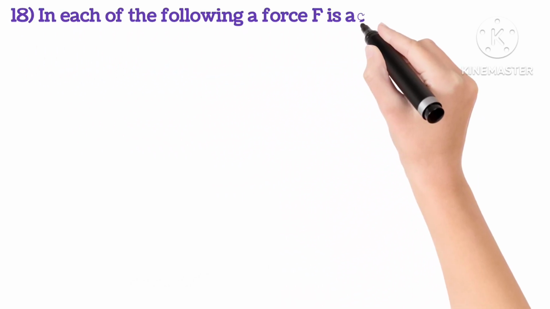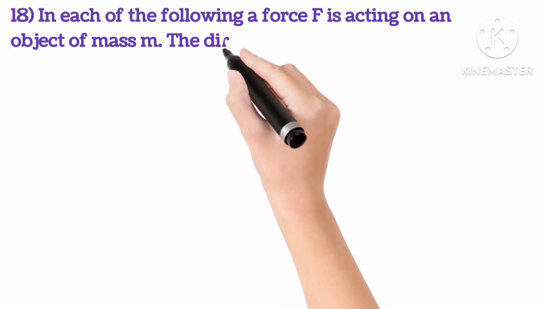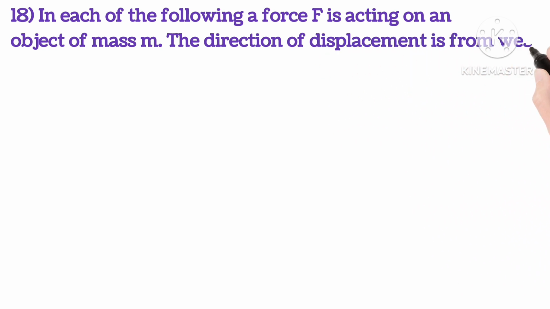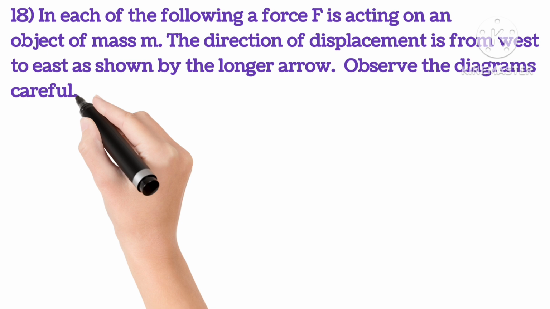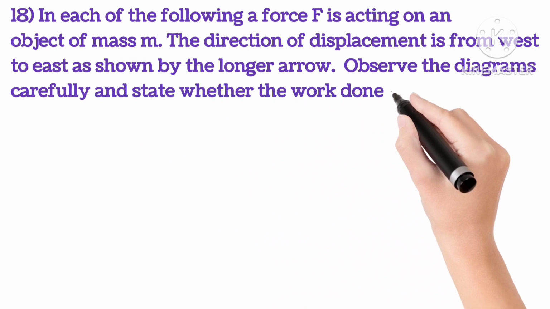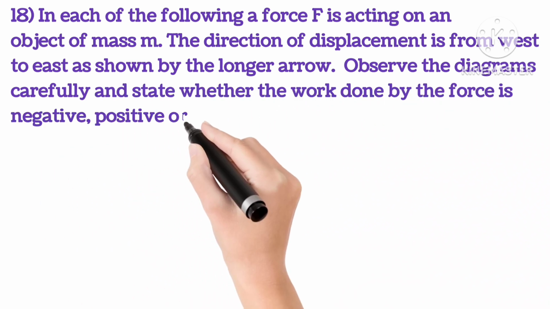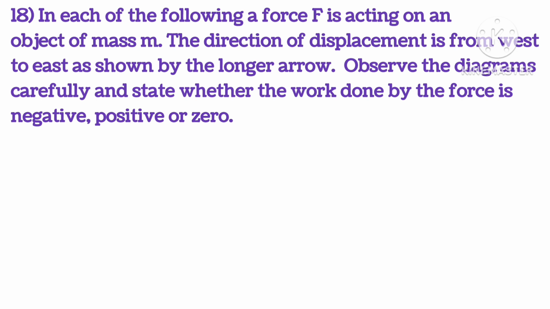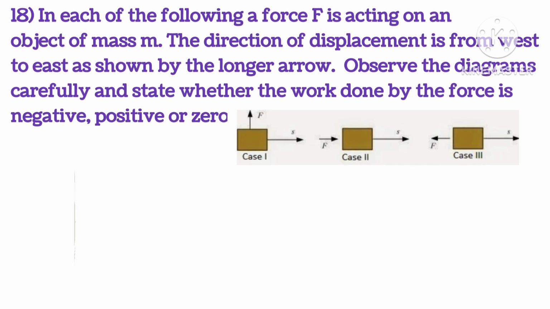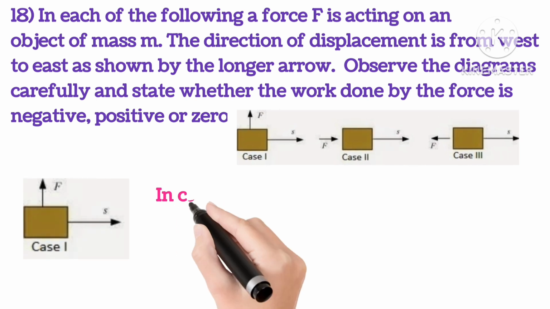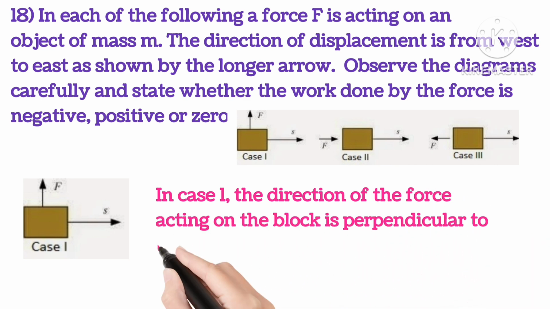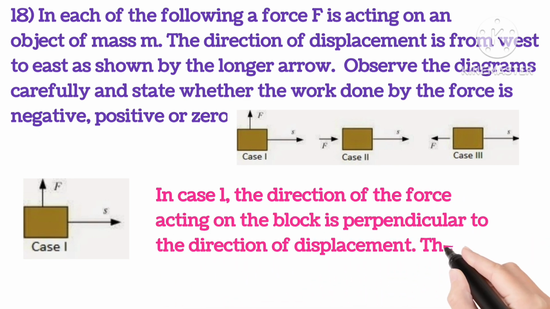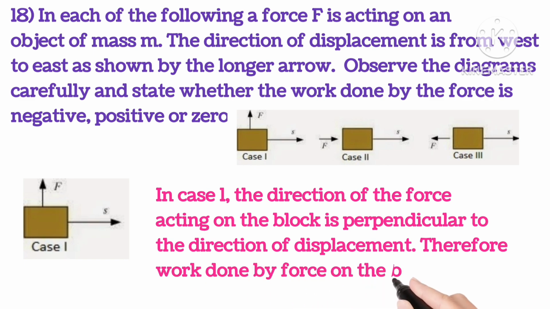18. In each of the following, a force F is acting on the object of mass m. The direction of the displacement is from west to east as shown by the longer arrow. Observe the diagram carefully and state whether the work done by the force is negative, positive or zero. In case 1, the direction of the force acting on the block is perpendicular to the direction of the displacement. Therefore, the work done by the force on the block will be zero.